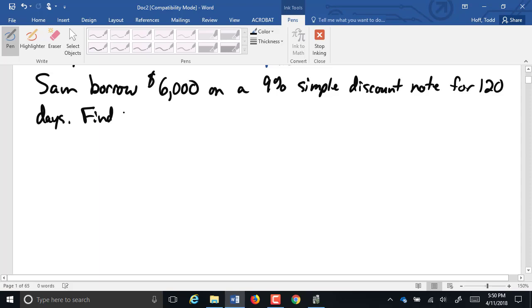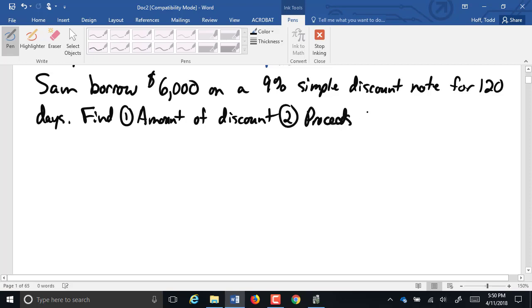Find 1, the amount of the discount; 2, the proceeds; and 3, the amount paid back.